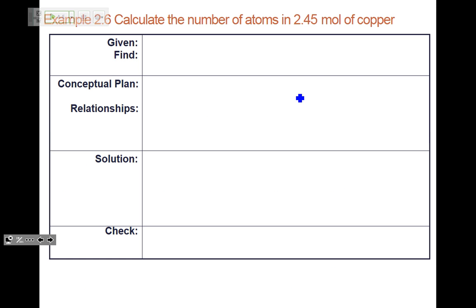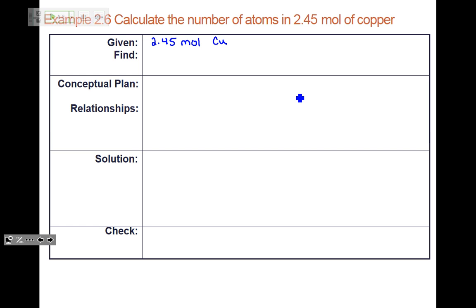So the first thing is, if I want to know the number of atoms in a certain amount of moles of copper, I can do that. Again, here our things are atoms. If it was elephants, it would still be our things as elephants. So we are given 2.45 mole of copper.